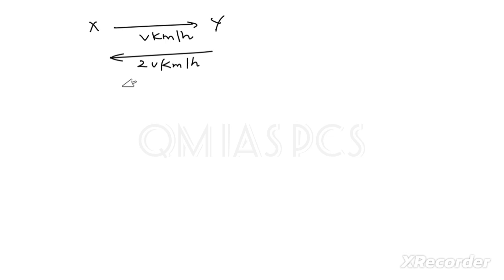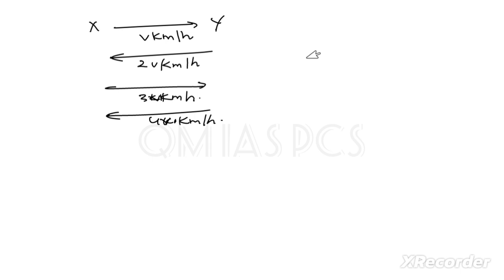Again, from X to Y, the speed is 3v kilometer per hour, and again from Y to X it is 4v kilometer per hour. Now we have to find the average speed of the entire journey.